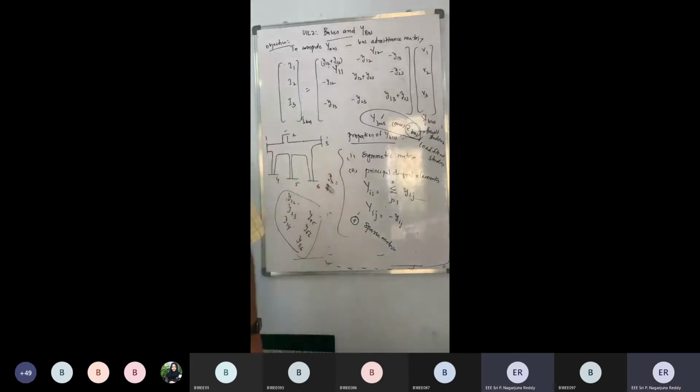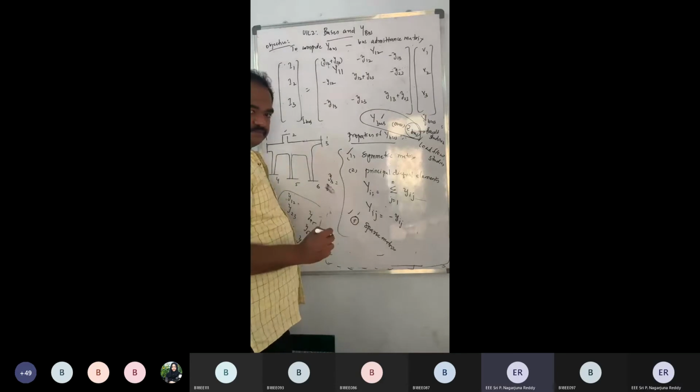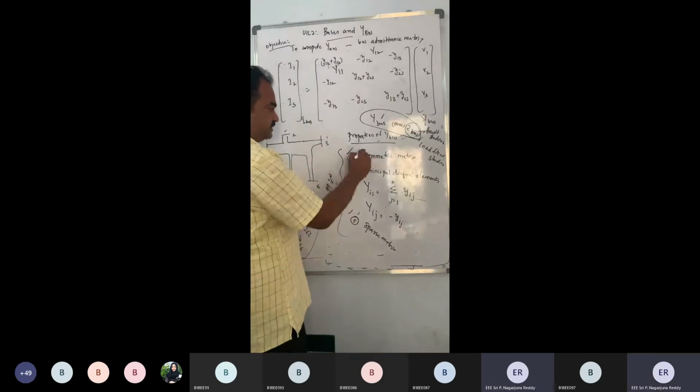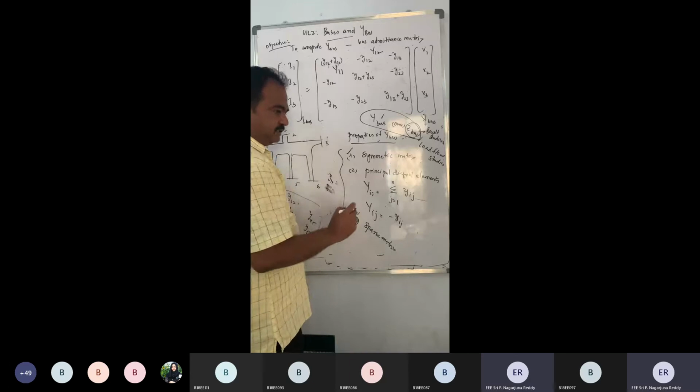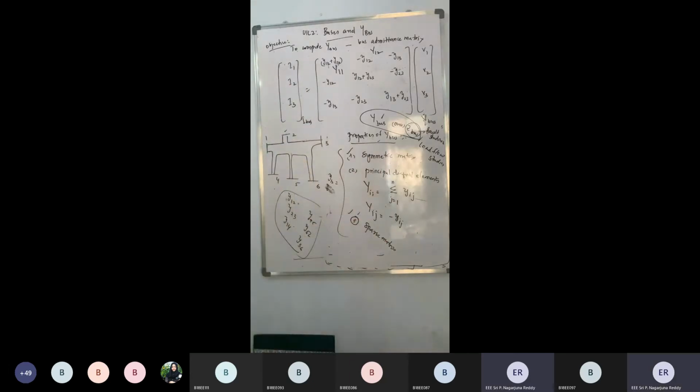And in a competitive examination, if somebody asks you what are the advantages of Y bus matrix, why it is preferred, you can say: being a symmetric and sparse matrix, it offers us less human effort and large savings on computer memory.